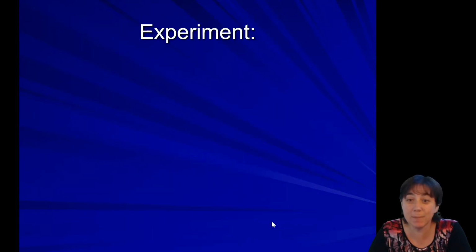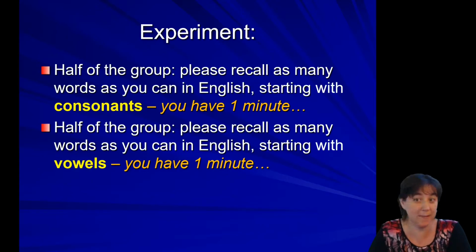So this is the experiment that could accompany this hypothesis. Half of the group could recall as many words as they can in English starting with consonants. Remember, you have 1 minute. You might even try it out. The other half of the group could recall words with vowels. Okay, similar 1 minute.